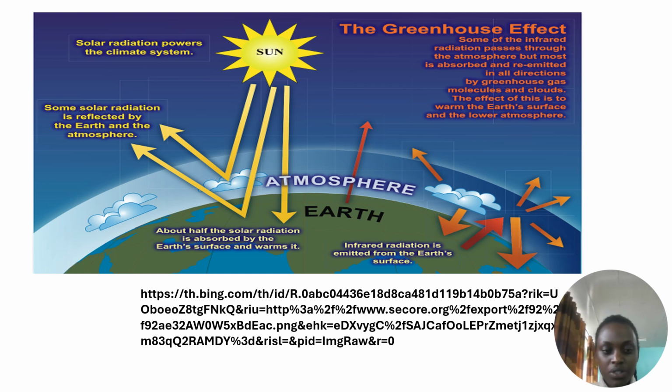Some solar radiation is reflected by the earth and the atmosphere. Those rays pointed to the earth are those which reach people and living organisms.